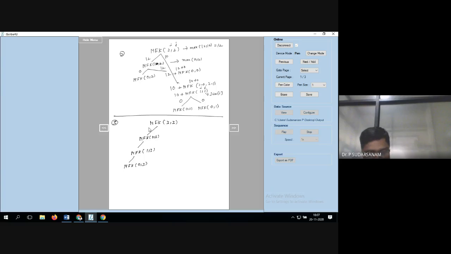So 0 comma 3 is nothing but 0. Now here, listen, V1 is 12 plus MFK of I minus 1, that is 0, J minus W of I, so 3 minus 2, that is 1. So now this is 0, 12 plus 0 is 12 only, write it here 12.